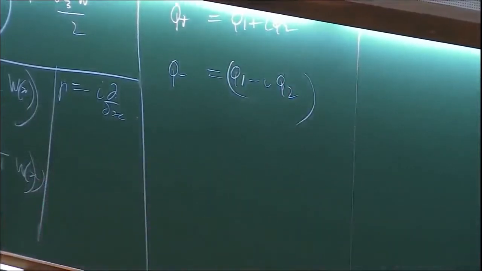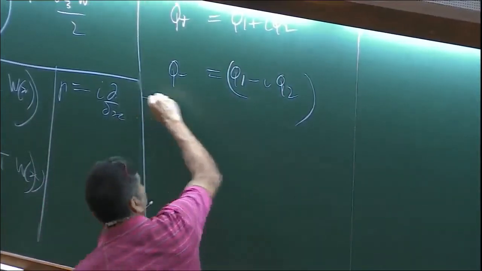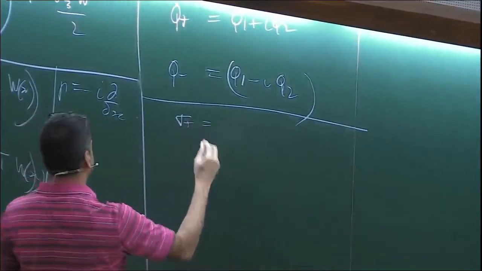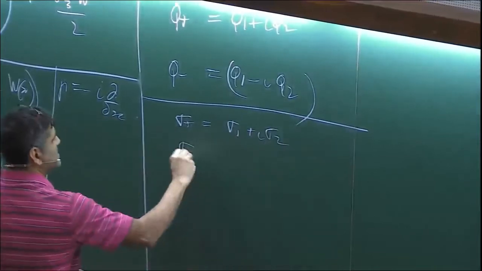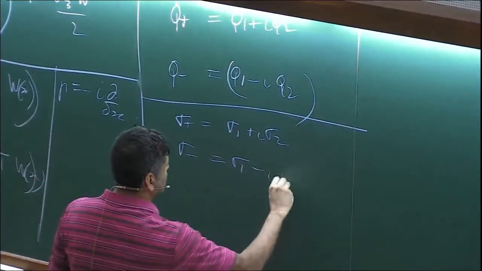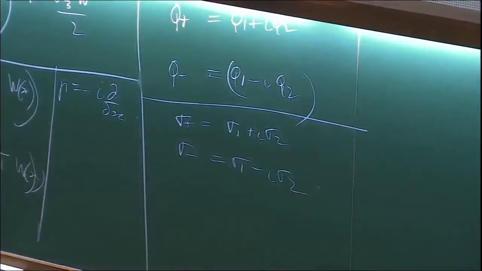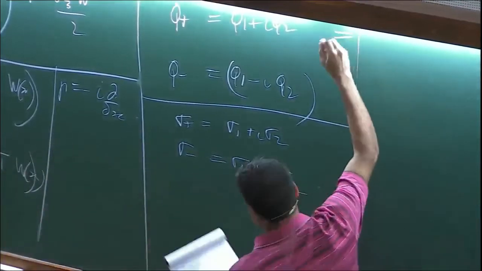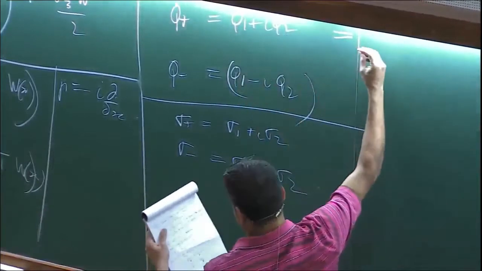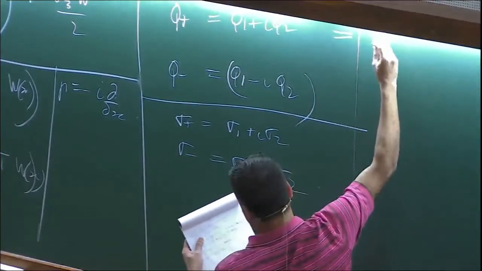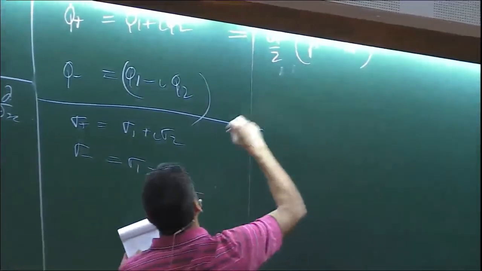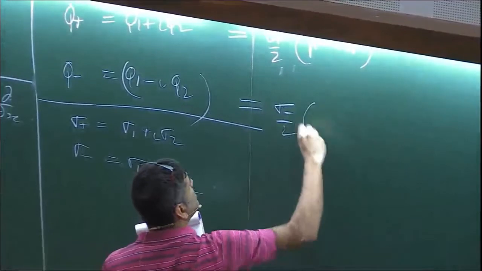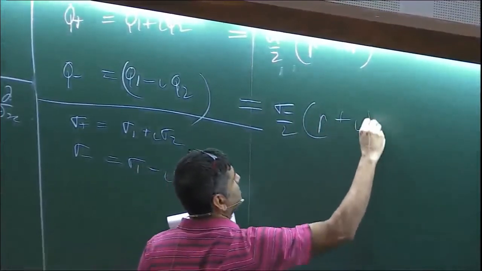If we make the definition sigma plus is equal to sigma 1 plus i sigma 2, and sigma minus is equal to sigma 1 minus i sigma 2, and if I have not messed up, two minutes of algebra will show you that Q plus is sigma plus over 2 times (P minus iW), whereas Q minus is equal to sigma minus over 2 times (P plus iW).